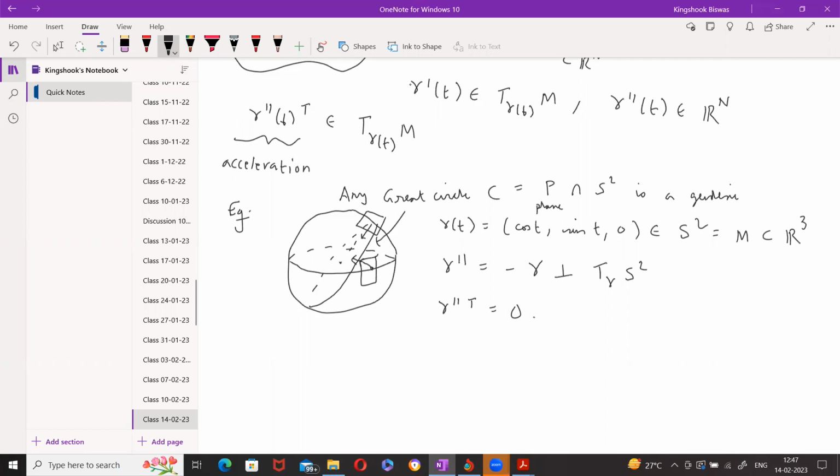Okay. So this suggests then a natural definition for the covariant derivative, right?